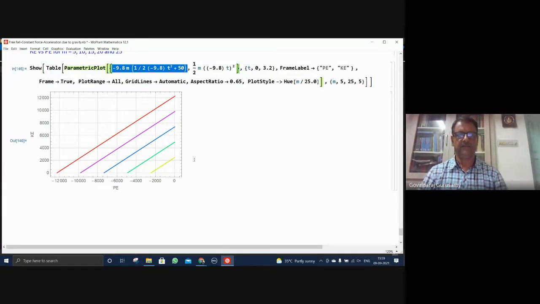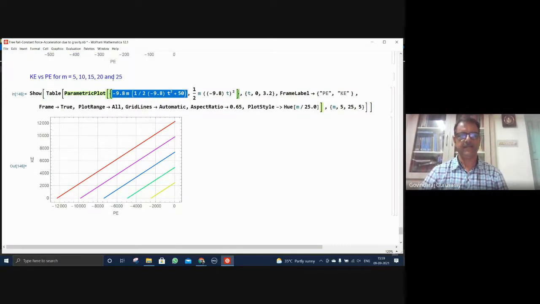Now, here we have to tabulate all these parameters. For example, you need to have the displacement, velocity, acceleration at specific times, and kinetic energy, potential energy. Then see what is happening in this energy transformation between the potential energy and the kinetic energy as the mass is increasing. You can think about it, and you can have some more understanding of the work done by these forces. How do we understand this kinetic energy, potential energy through the work done?